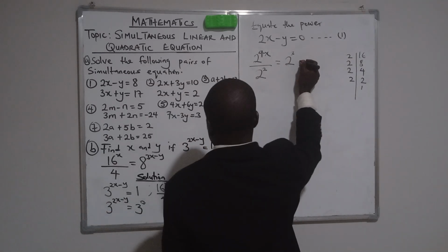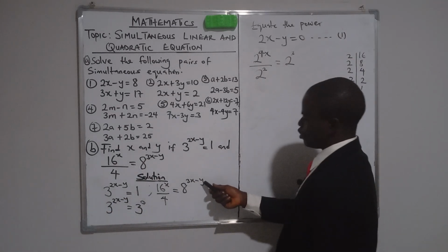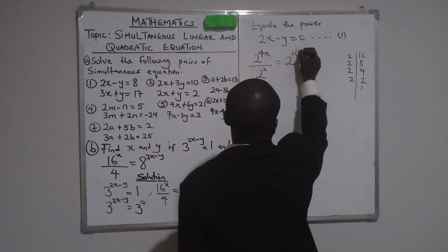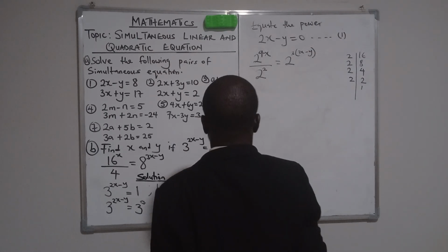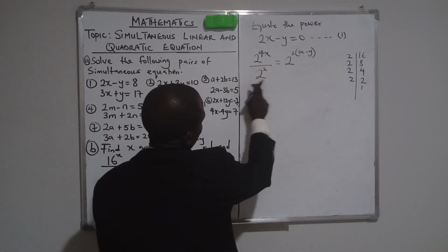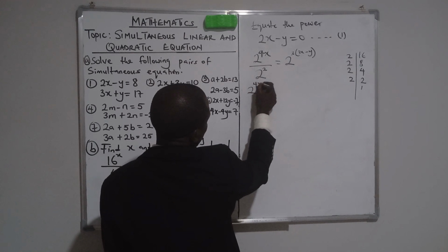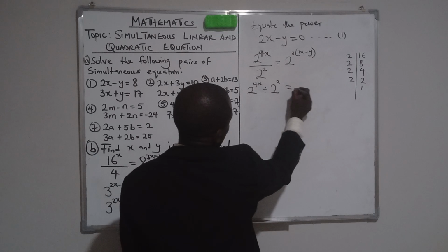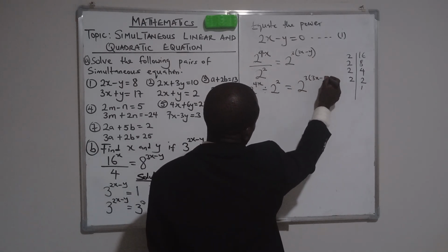Now 2 raised to the power 3, and you're having 3x minus y as the power before. Now bracket 3x minus y. It becomes 2 raised to the power 4x divided by 2 raised to the power 2 equals 2 raised to the power 3 into 3x minus y.